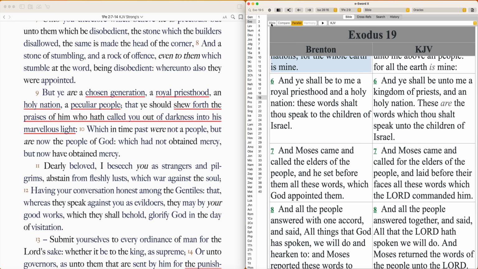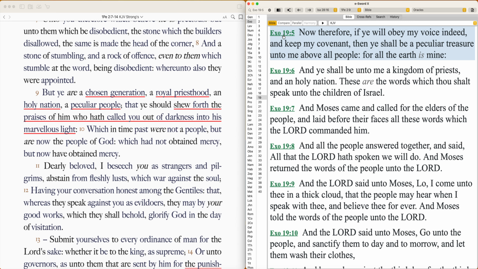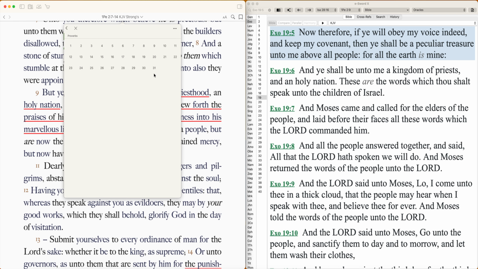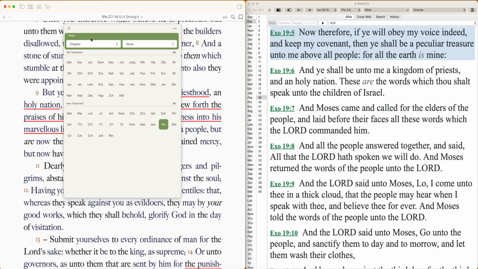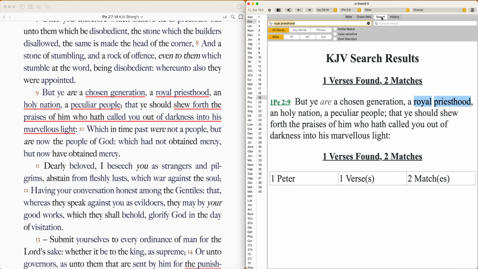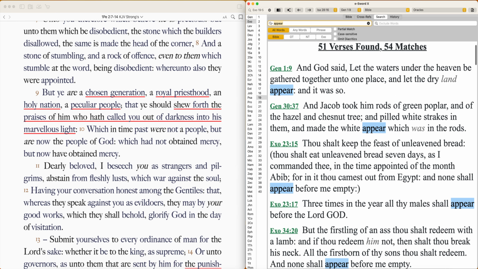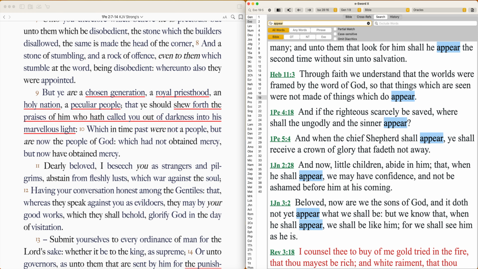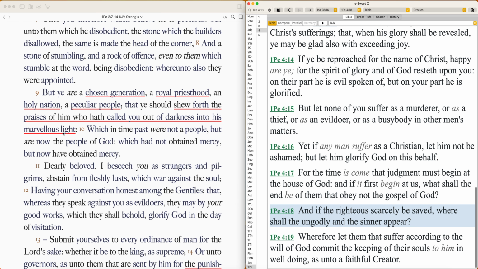Also, I'll give you another one so you can see it for yourself. I believe it's Peter, First Peter 4:18.